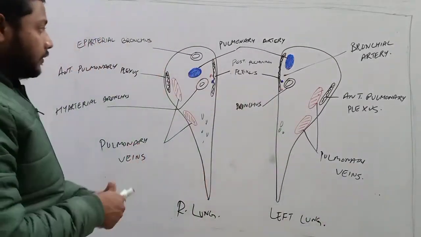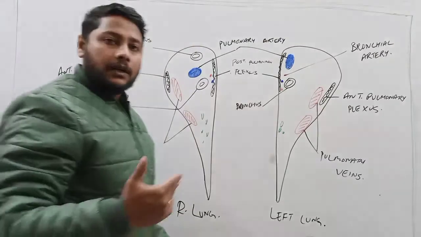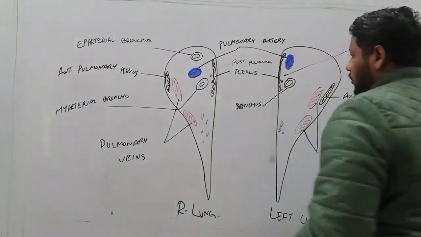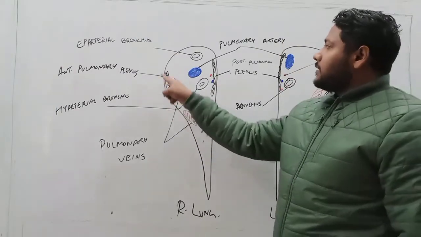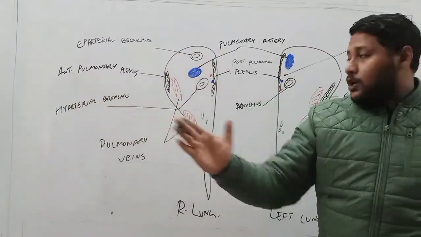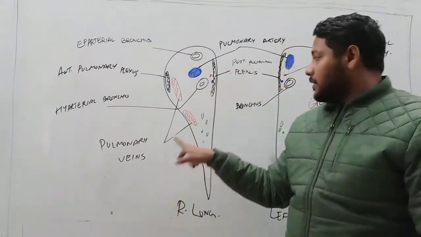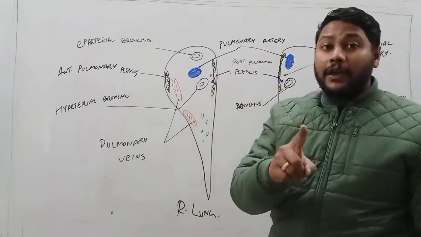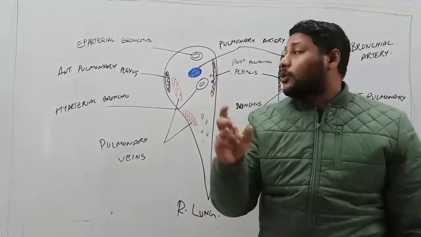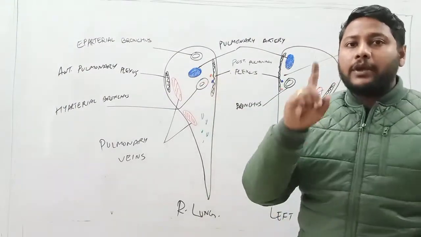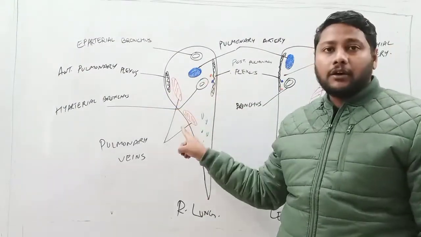Since we already know that this area is more towards the anterior part, in the most anterior part you can see the pulmonary veins. Now understand one thing. Veins are always drawn in blue color, but here we have drawn the veins in red color. Why?